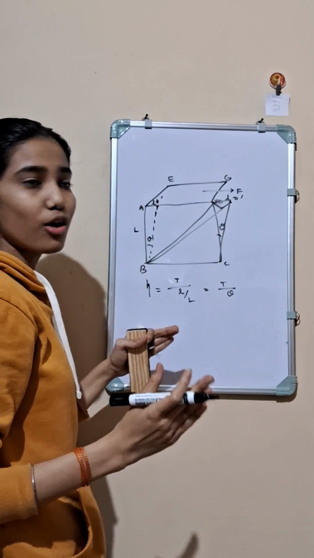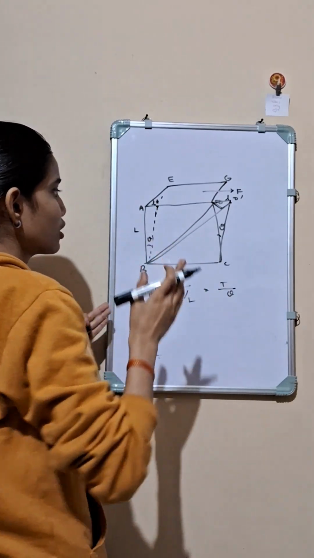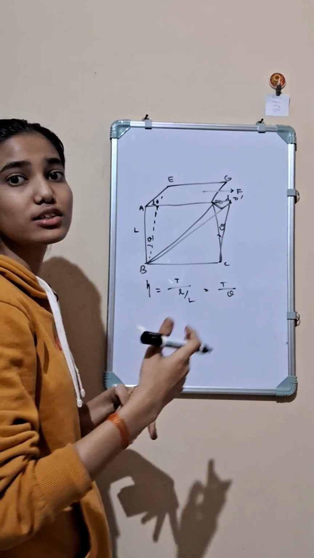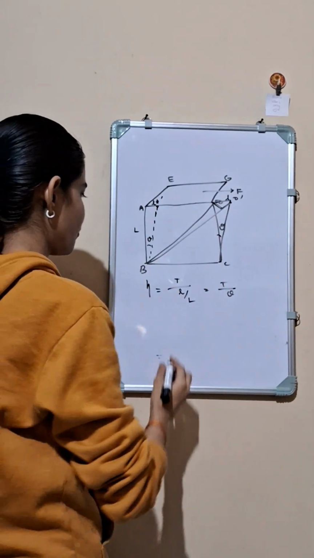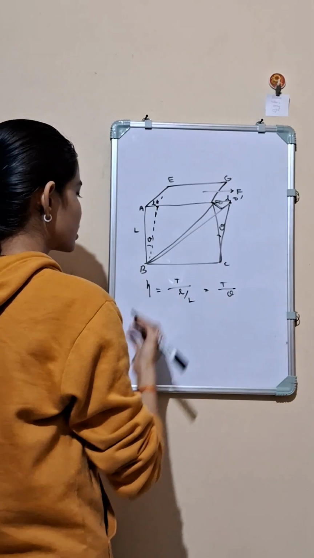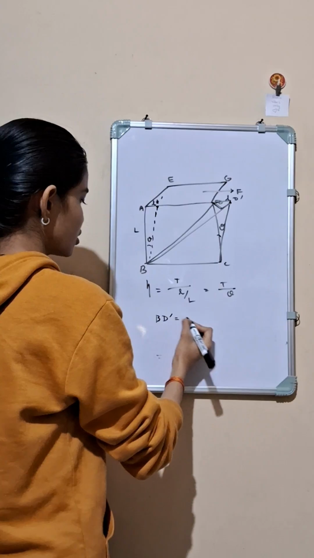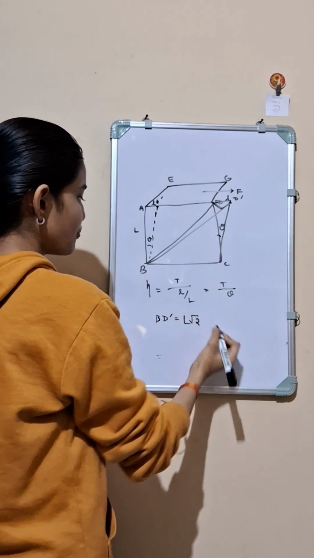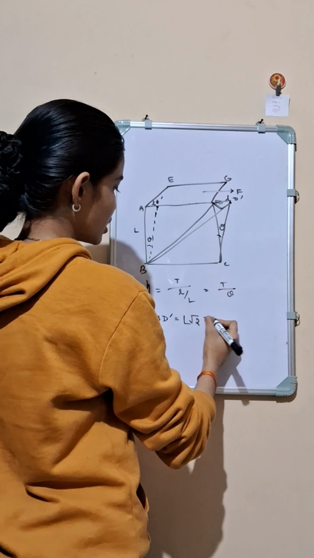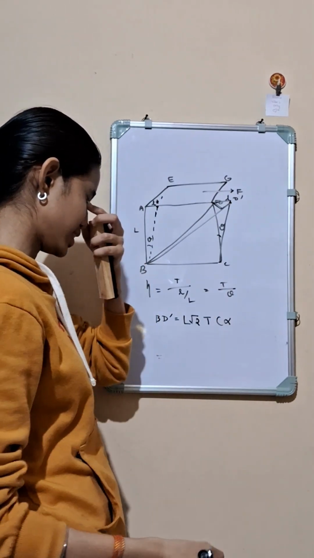Along AC the length is contracting, and as along AC the length is contracting, its lateral strain will increase BD's length.